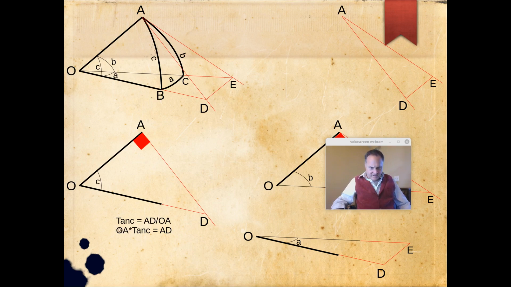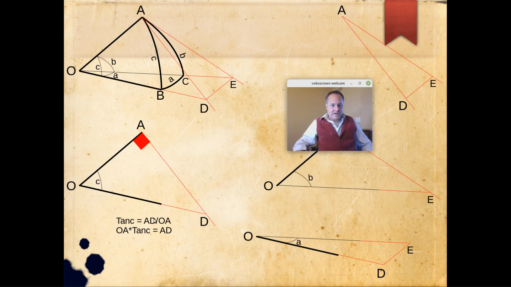I didn't put the little line over it. I'm going to ask you to allow me to cheat a little bit in that regard. I'm not putting little lines over every linear distance. So I'm talking about a distance, OA, the length of the line, times the tangent of C equals AD. Now I can also discover that the cosine of C is OA, the base, over the hypotenuse, OD.